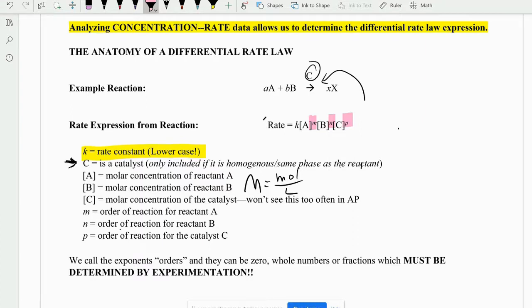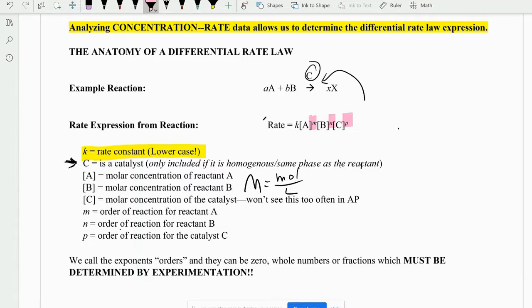Again, we're going to call those exponents orders, and we're getting ready to learn about what they are. And make a note here that the order can indeed be zero. They could be whole numbers or they can be fractions. Either way, they're going to be determined through experimentation.